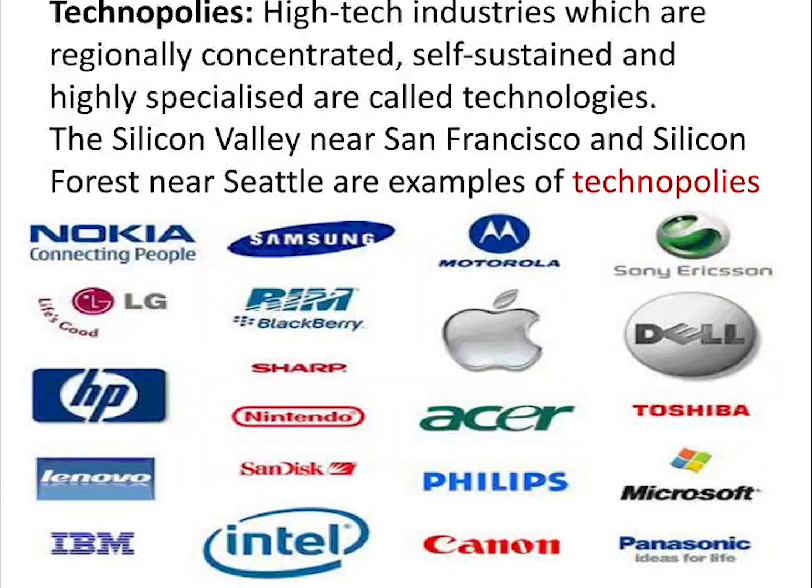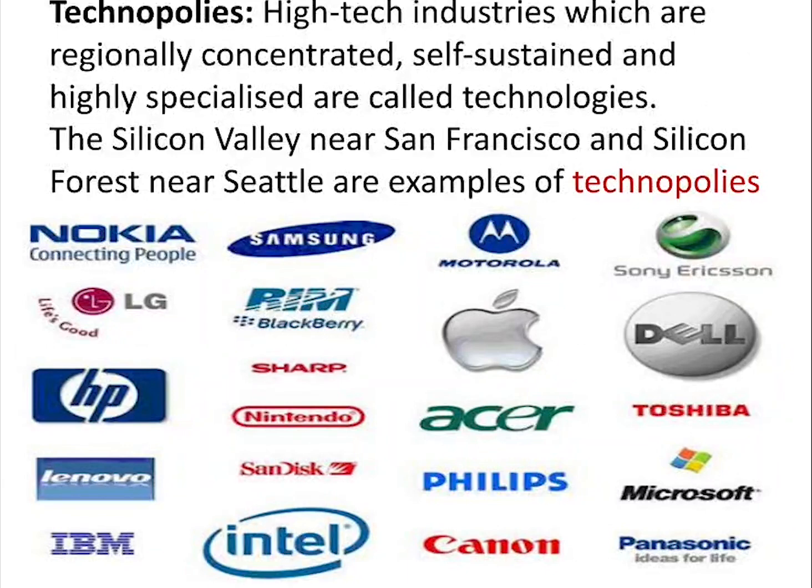If a particular town or city has a large number of modern IT based industries, that particular town or city is called technopolis. High-tech industries which are regionally concentrated, self-sustained and highly specialized are called technopolis, not technologies.